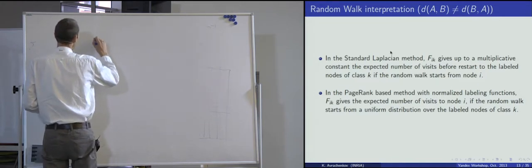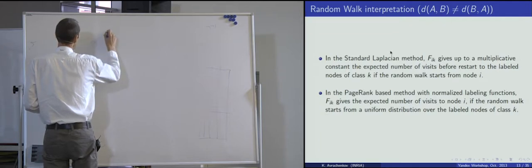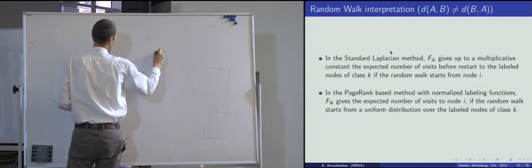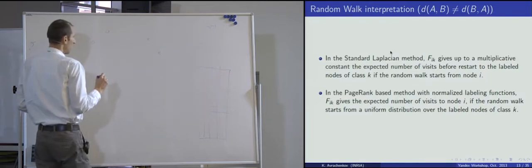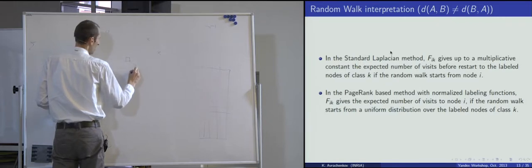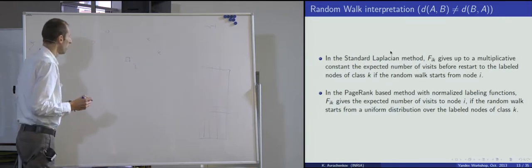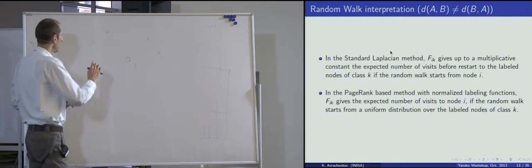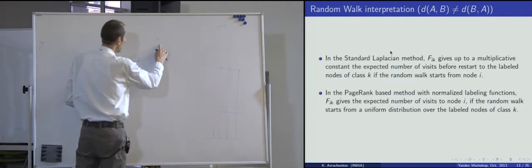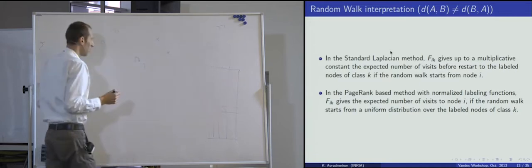Suppose we have some labeled points for one class and labeled points for another class, and we have some point in question, say this. We want to find out if this point belongs to the class with circles or to the class with crosses.